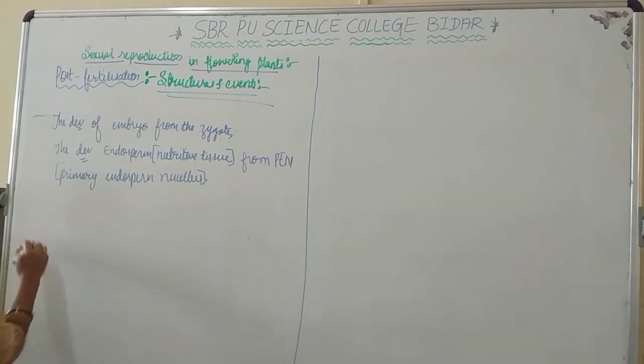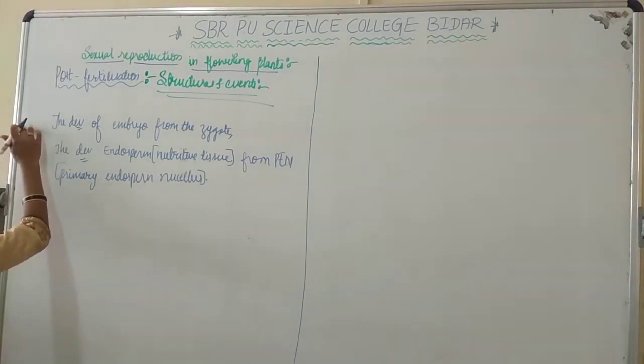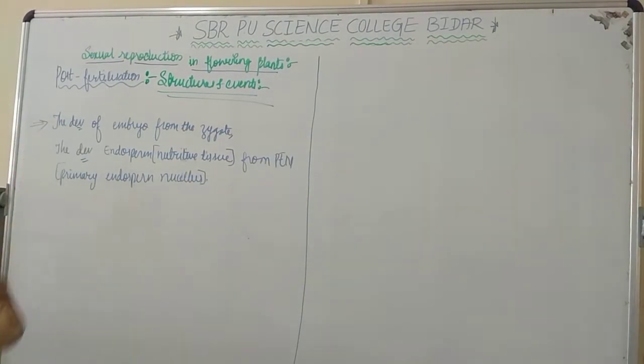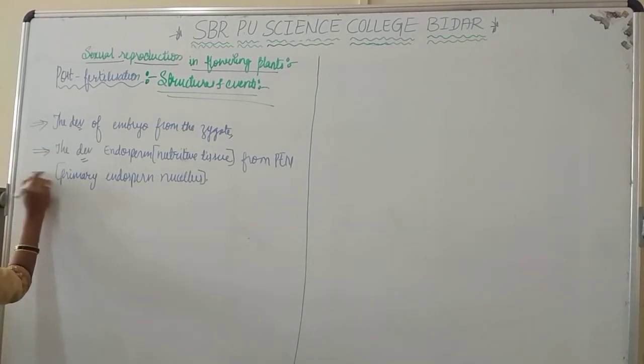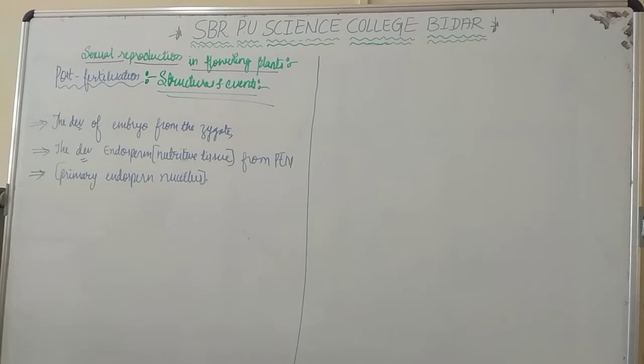Then after fertilization, what are the things taking place? These are the events we are going to see in the post-fertilization events, that is, the development of embryo from the zygote and the development of endosperm from the primary endosperm nucleus.